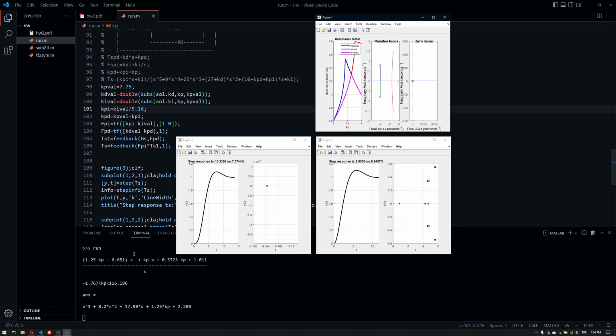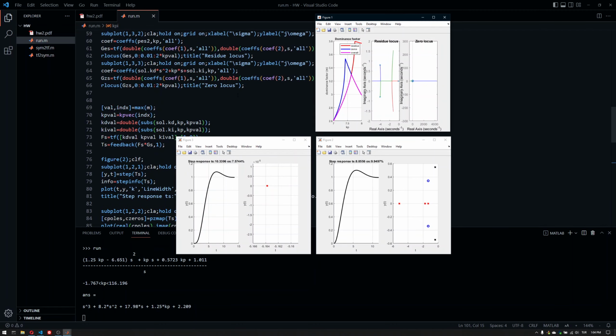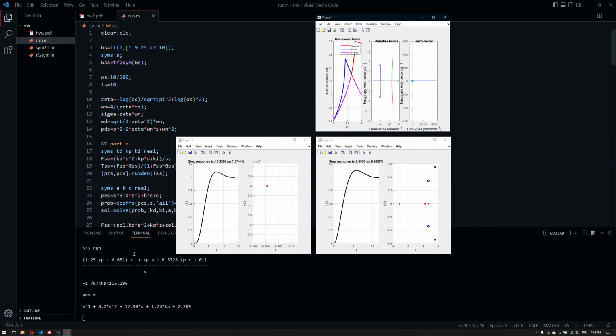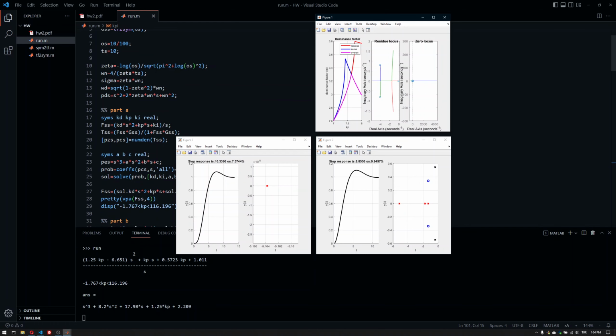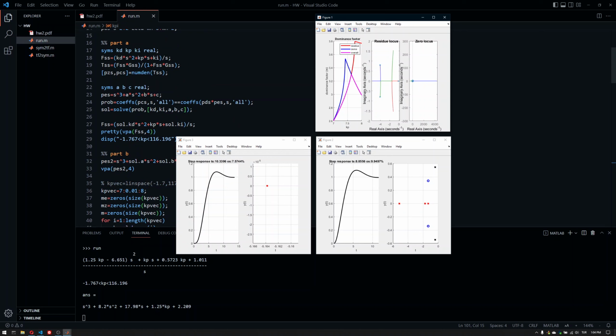To summarize, we have used the zeta and omega n values to try to assign the dominant poles. In part A, we calculated the stability interval, and for that stability interval, we could define all the PID controllers that satisfy at least the stability condition and have 2 poles at the position that we asked for.